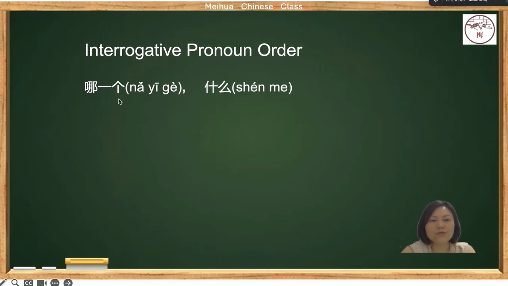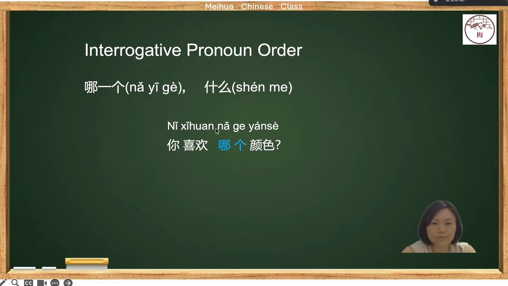Similarly, for another one, which 哪一个, which; 什么, what. 你喜欢哪一个颜色? Actually 哪一个 or 哪个, both are fine.